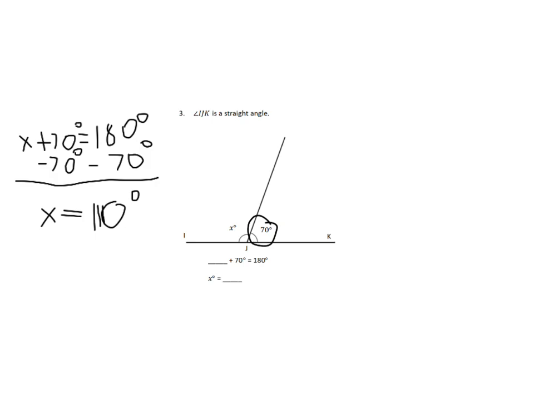So we know that angle x right here has to be 110 degrees. So it would be 110 plus 70 equals 180. So x equals 110 degrees. And let me just put my degree sign right there and right there.